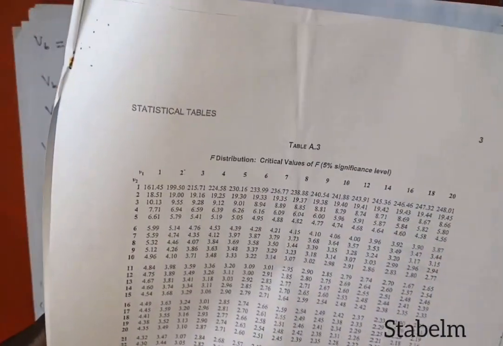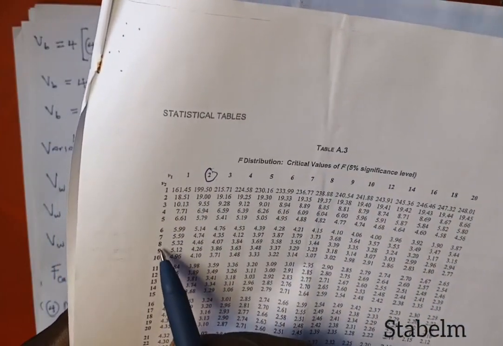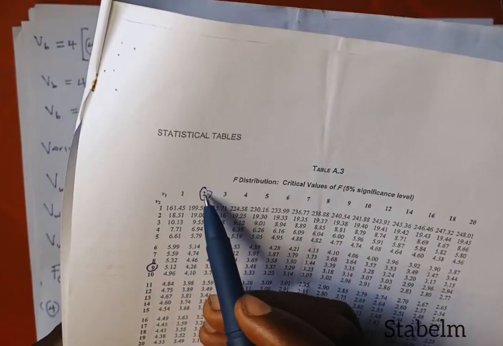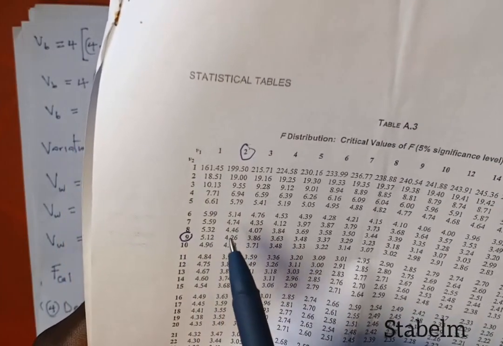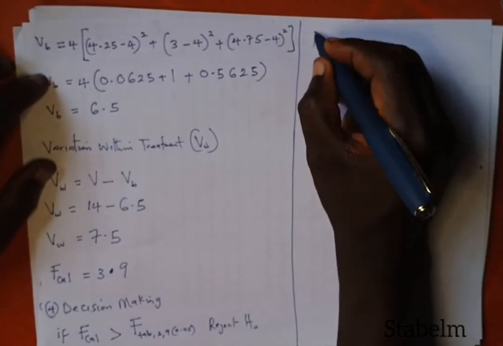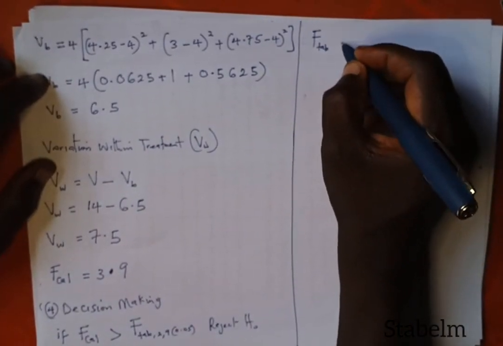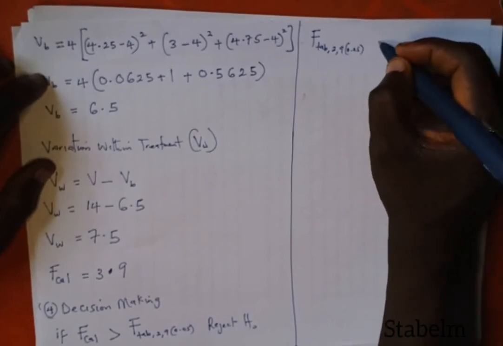The degrees of freedom we are considering here are 2, 9. So we look for 2 here, then we come here and look for 9. Where do they intersect? They intersect at 4.26. So our F table is 4.26.